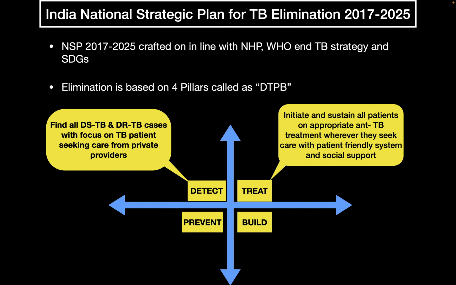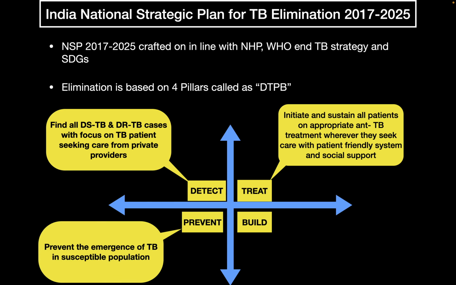Can we have anti-TB treatment for all the patients, and we should have a patient-friendly system, social support, and the government should take initiatives to ensure that everyone, irrespective of place, urban, rural, socio-economic status, should get the adequate treatment required.